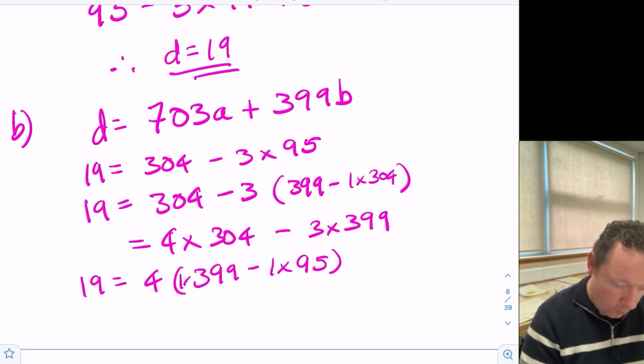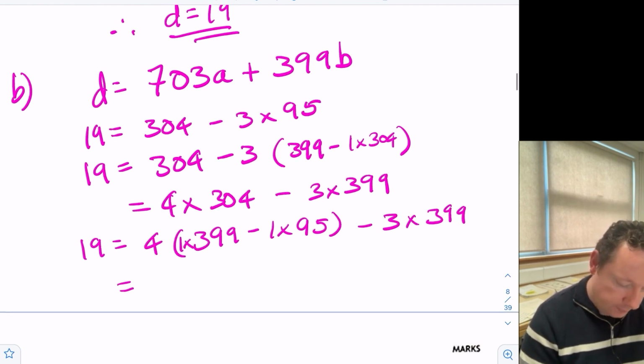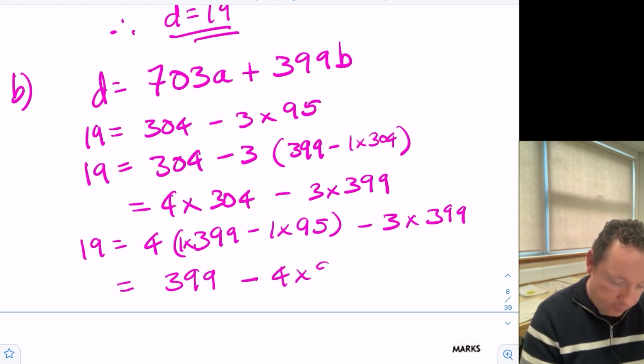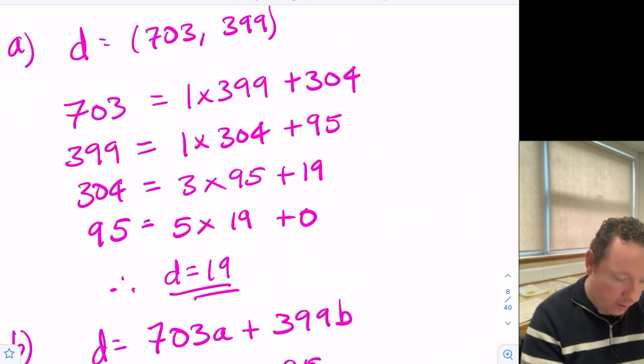So that means that 19 equals 4 times 399 minus 1 times 95, minus 3 times 399. So we can simplify that to 4 lots of 399 minus 3 lots of 399 is 1 lot of 399, minus 4 lots of 95. So moving up again, 304 is 703 minus 399.